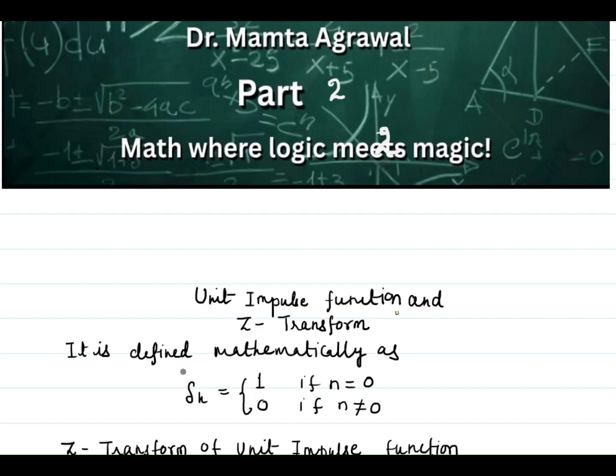So to find the Z transform of the impulse function, we take Z on both sides, meaning the Z transform of the unit impulse function.